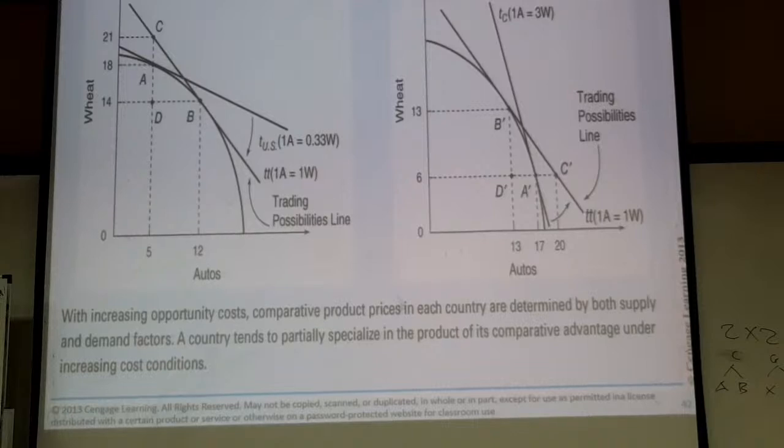With increasing opportunity cost, comparative product prices in each country are determined by both supply and demand. Both by supply and demand.